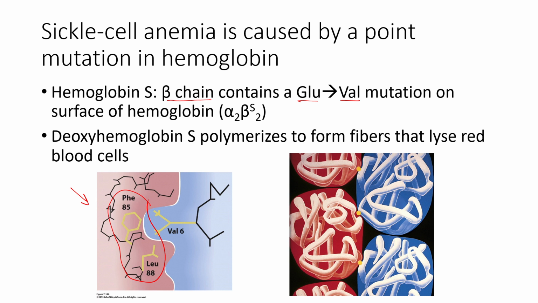And these hydrophobic interactions ultimately make this hemoglobin S polymerize into these fibers that we see on the right. And so it's these hydrophobic interactions between the valine, the phenylalanine, and the leucine among different subunits of hemoglobin that are deoxygenated, and they form these long polymers, these long fibers.